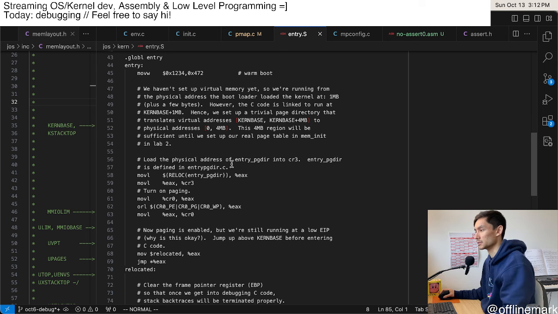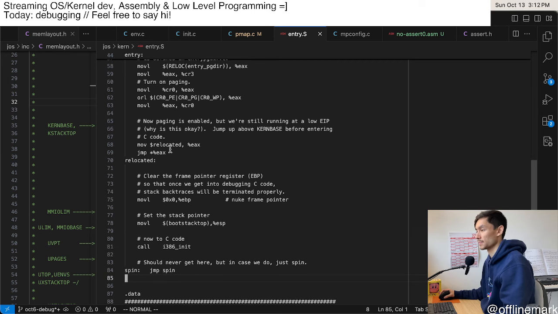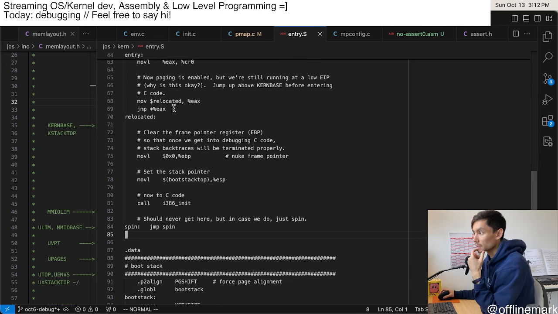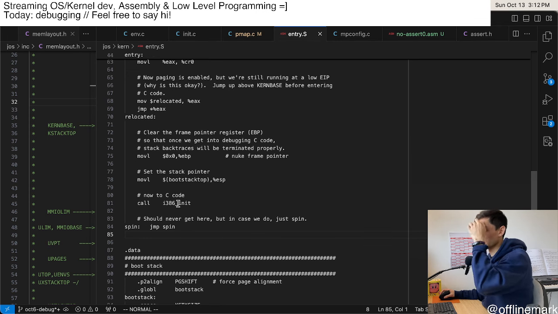So all we need to do is enable paging, basically. Jump into high memory. Let's relocate ourselves. And then jump into C code, which we do by nuking the frame pointer, setting the stack pointer to the boot stack top, which is this thing, and jumping into C code.